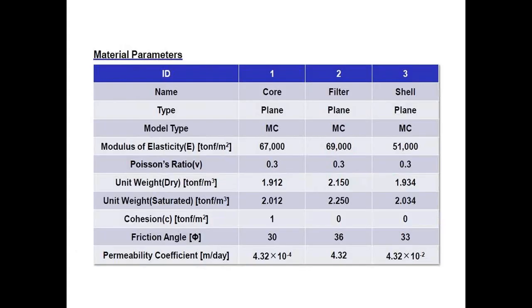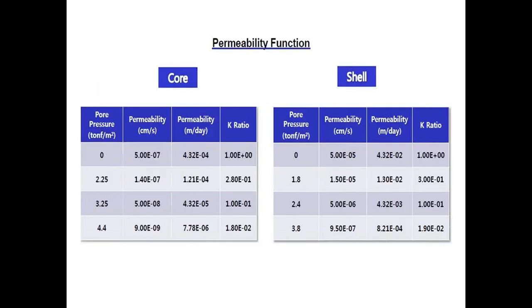The material parameters which I have been using for this particular model: I have core, filter and shell. For all of them I am using the Mohr-Coulomb method with the parameters as shown. Also, to take into account the unsaturated condition of the soil, I have taken into account the permeability function, in which the pore pressure varies with the K ratio.